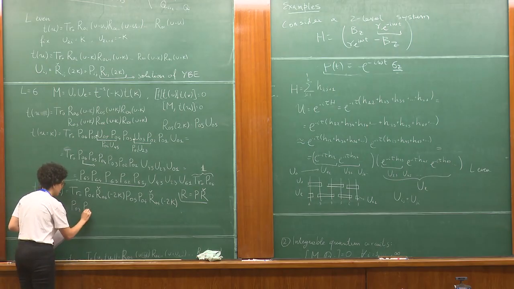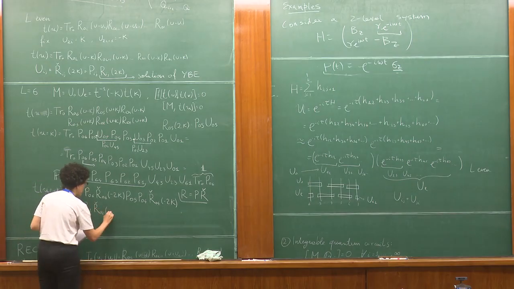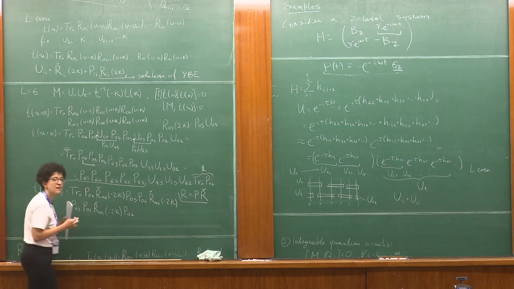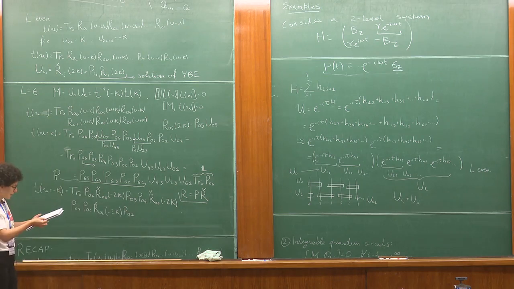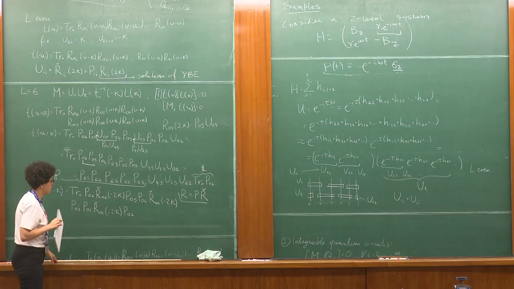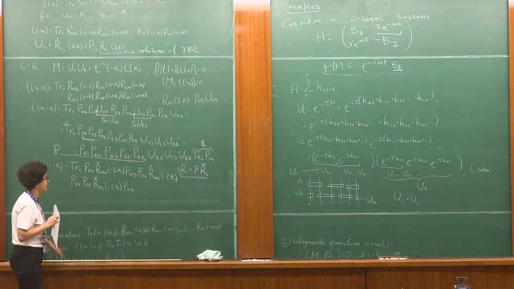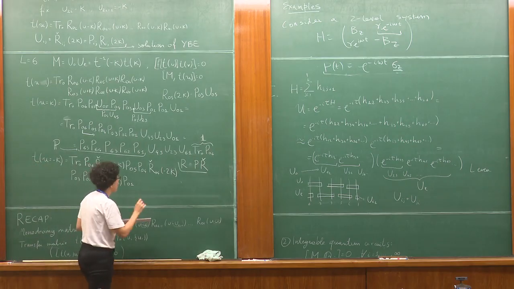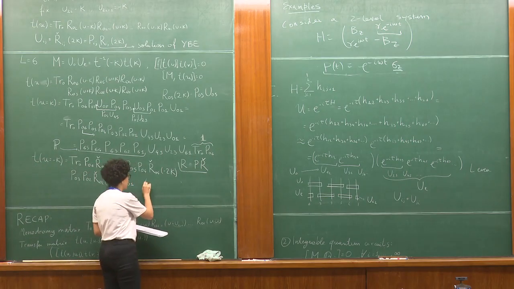P02, R check 02 minus 2 kappa, and then P01. And now we can use this other definition. So R satisfies this property, the R matrix.